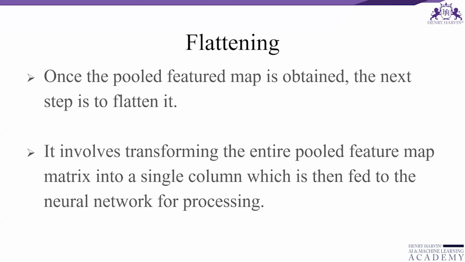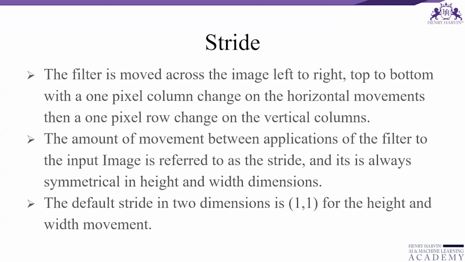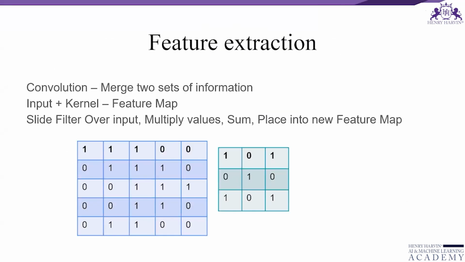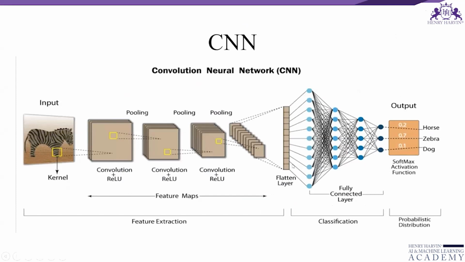So what do we do over here? Let me show the previous picture. We have seen flattening over there, right? You can see over here. So flattening, this is what we have seen. It will flatten a 3D volume into a 1D vector.